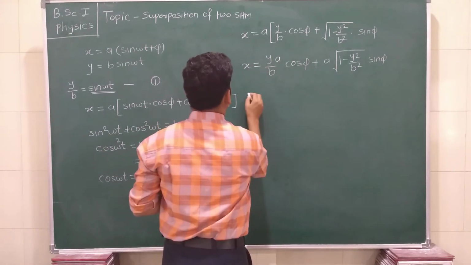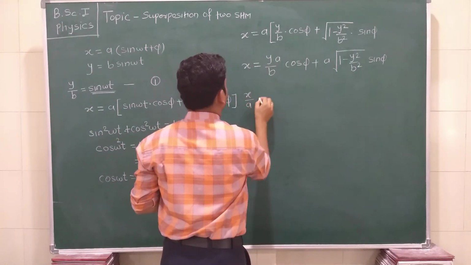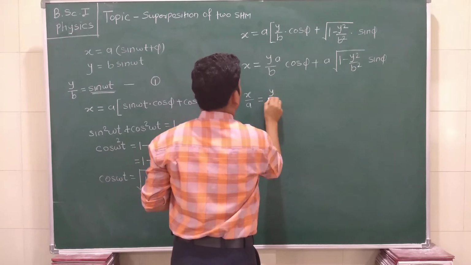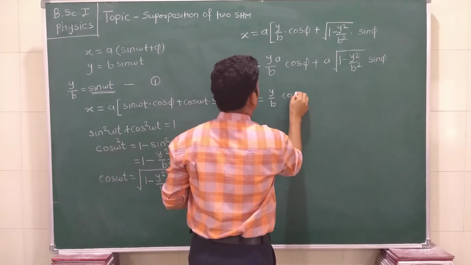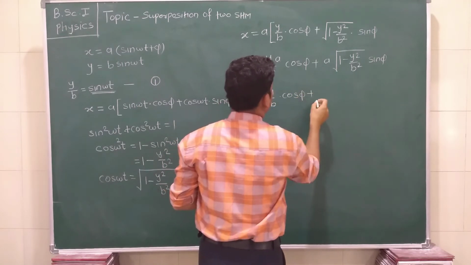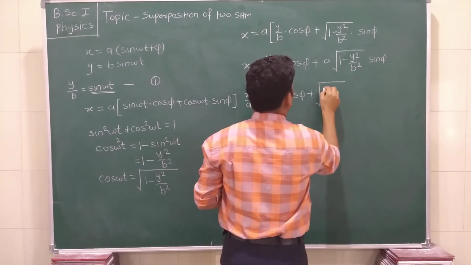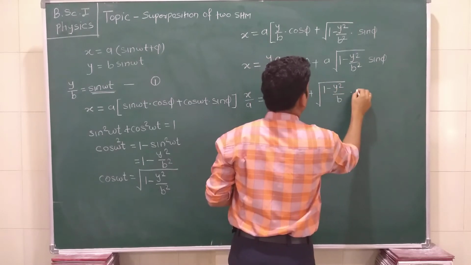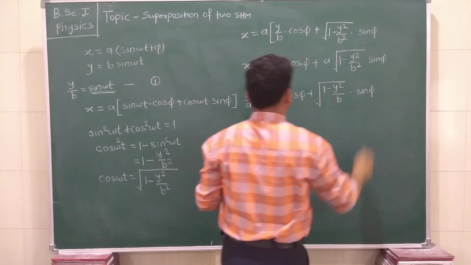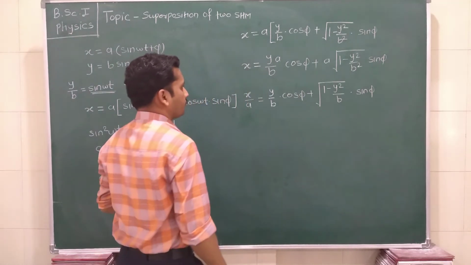Or we can simply write x by a is equal to y by b into cos phi plus under root 1 minus y square divided by b square into sin of phi.